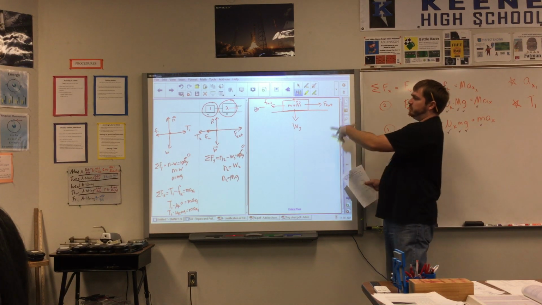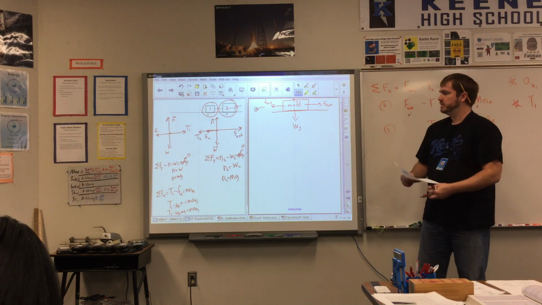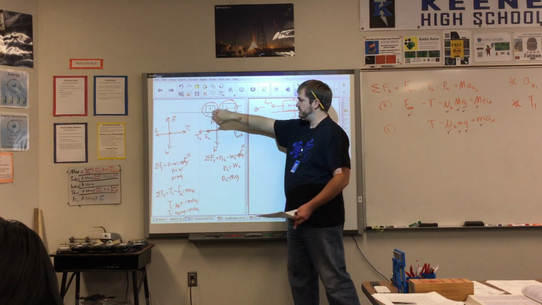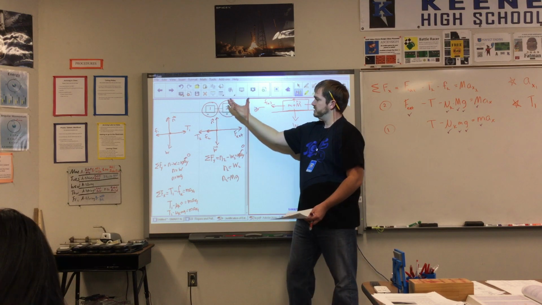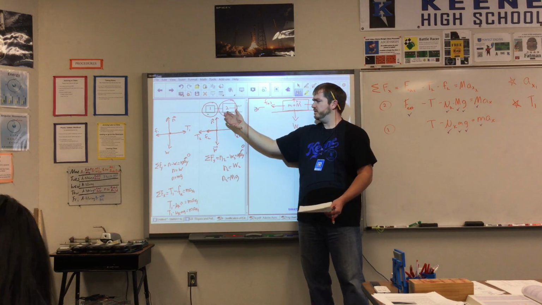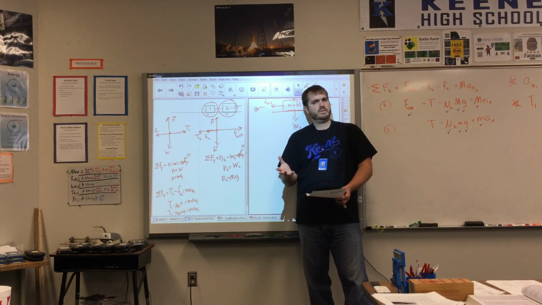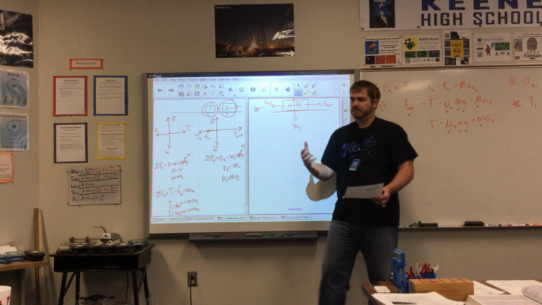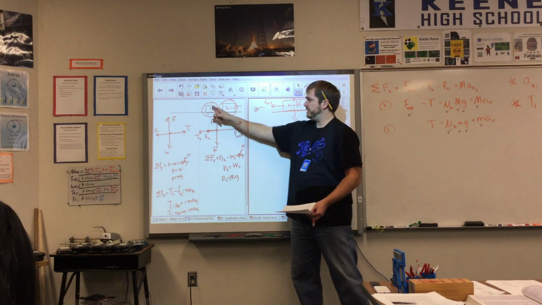So it would be possible to just treat this entire system, both of those, as just one big object. That doesn't really sound very proper, because you've got two objects there, how can you just combine them? Well, think of it like this.